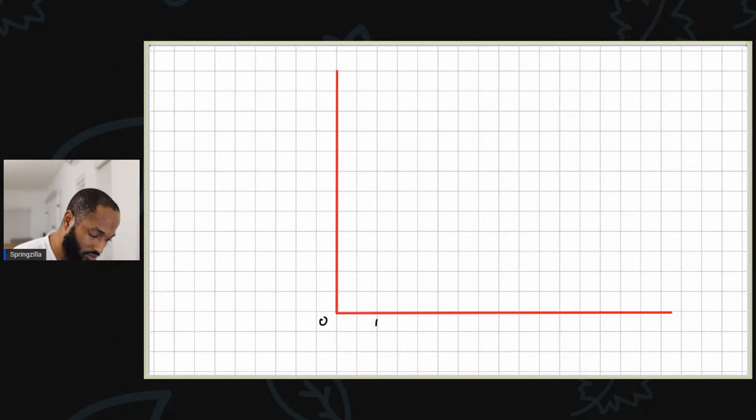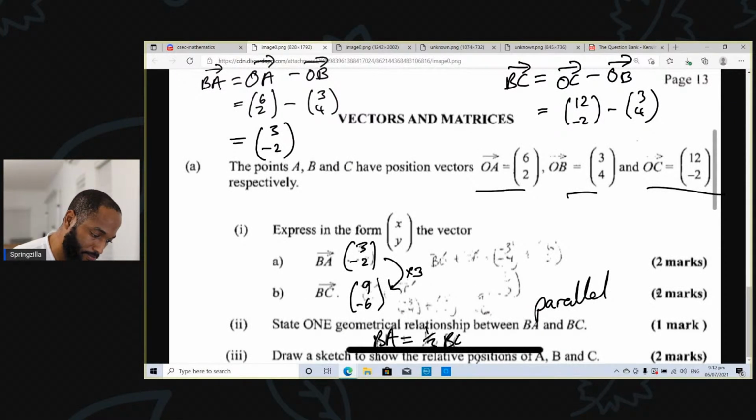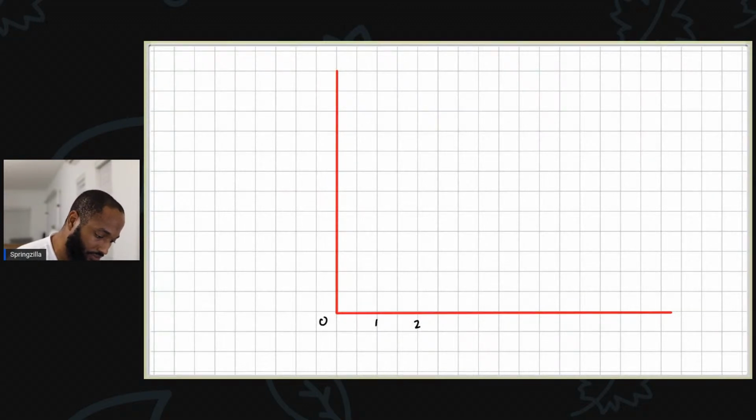So 0, 1, 2, 3, 4, 5, 6, 7. I need to go all the way up to 12. 1, 2, 3, 4, 5, 6, 7, 8, 9, 10, 11, 12.